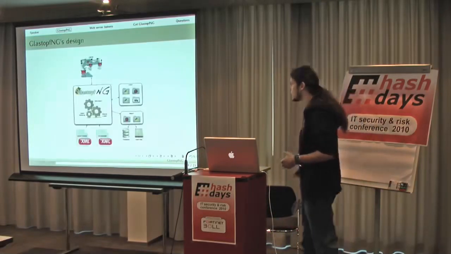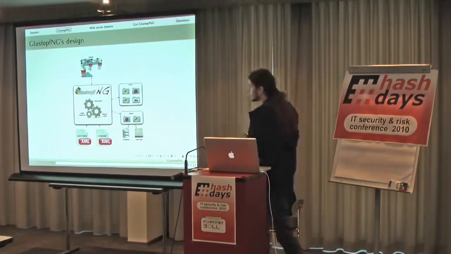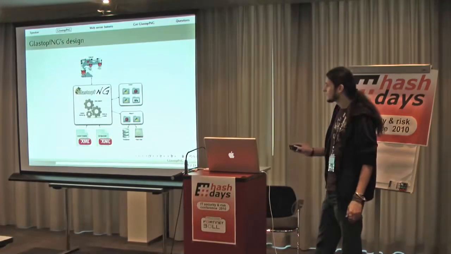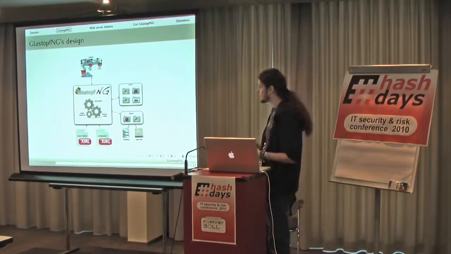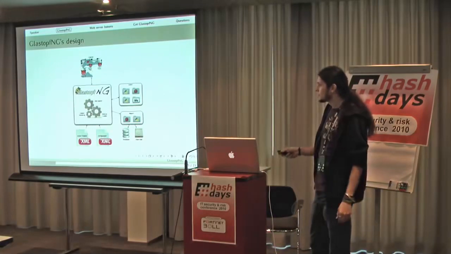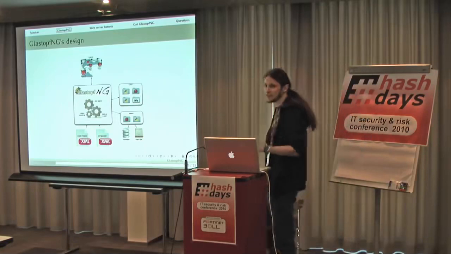So the basic structure is like this. Here we have the evil internet. You all know that. Then we have the core of GlastopfNG, which mainly consists of three components. We have a web server, which is the public interface to the evil internet. Then we have a pattern matching engine, which looks at what is happening right now, what attacks are there, and what type of attacks.